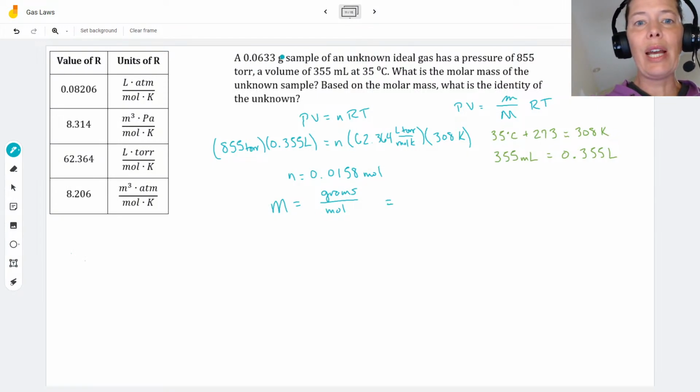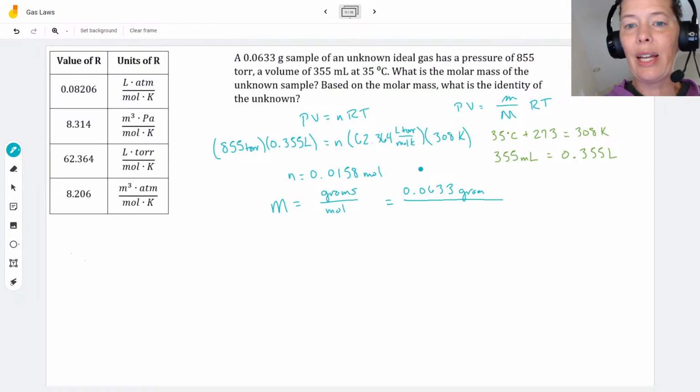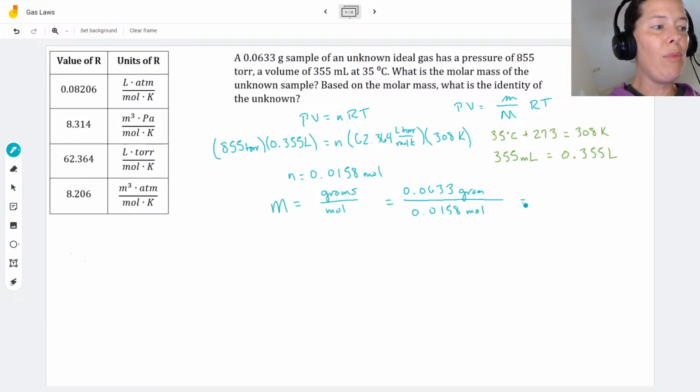So I have grams because the problem gave me grams. So that is my grams of my unknown. And I just calculated moles from the ideal gas law. So here are my moles. And that gives me a molar mass of 4.006 grams per mole.